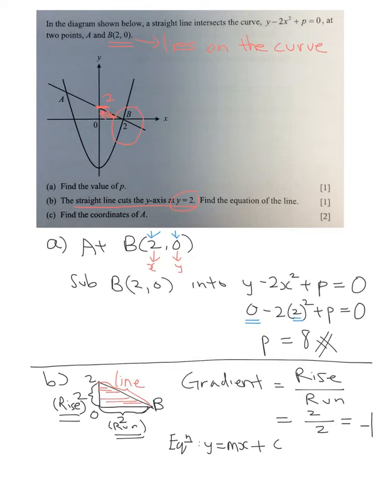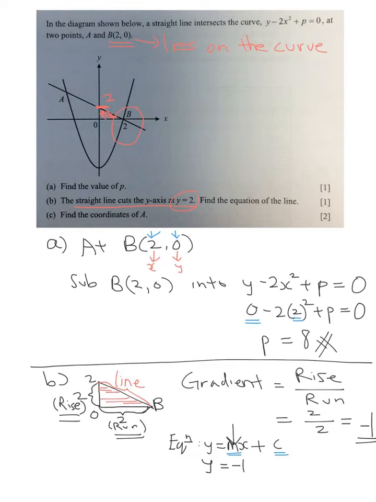So if we use the general equation of a straight line, y equals mx plus c, we see that m is the gradient and c is the y-intercept. In all line or curve equations, we need to start with the letter y. In this case, the gradient is actually minus 1, so we sub in minus 1.